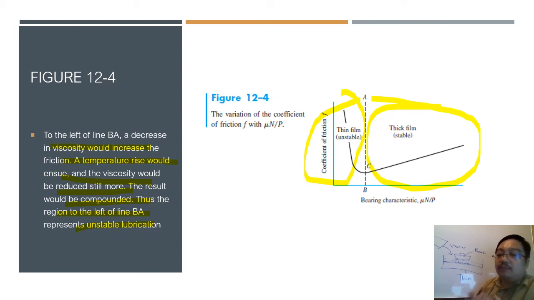We have to do maintenance, we have to clean everything. So the ongoing research is going for thin film, using minimum quantity lubrication, so that the amount of lubricant can be minimized, while the journal does not become metal to metal contact. So it is ongoing research. For normal services, it is better to use thick film.